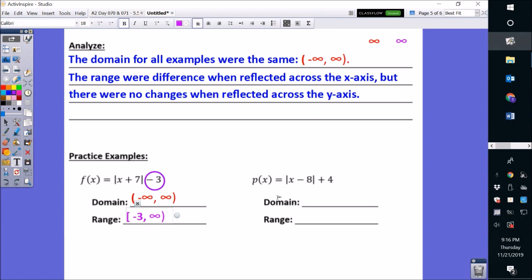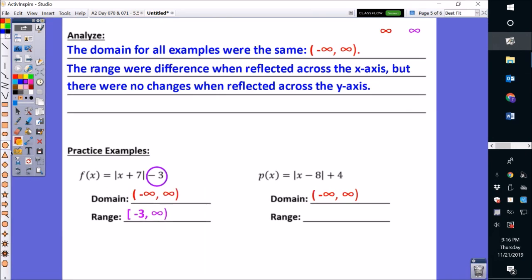Now let's take a look at the second example where it's p of x equals the absolute value of x minus 8 and then plus 4. So again, just like how I said above, the domains are the same. So therefore, the domain of the second example will be the same as the domain of the first example.